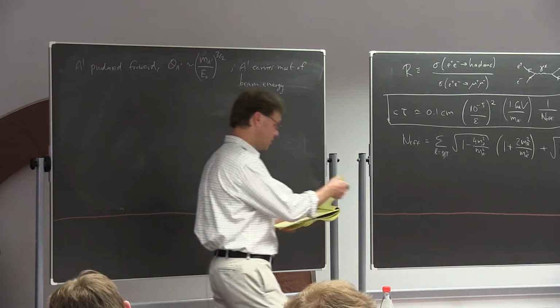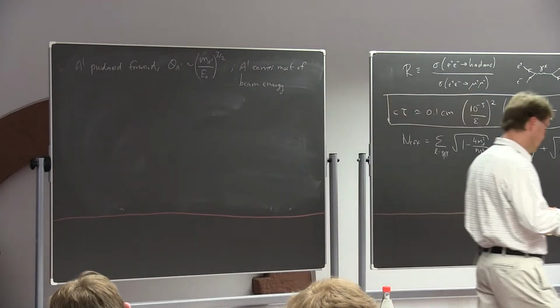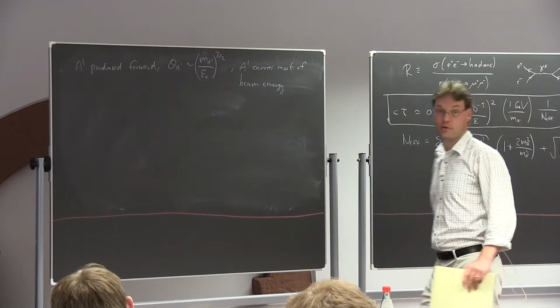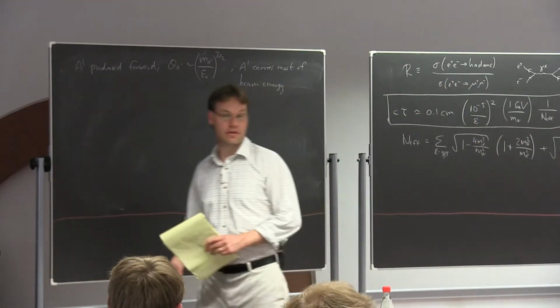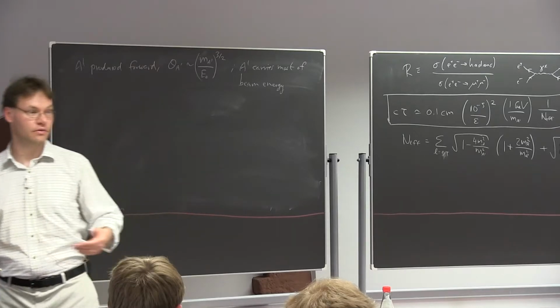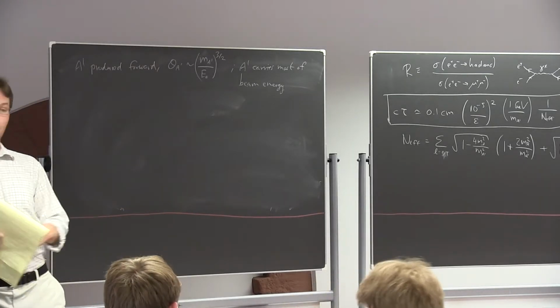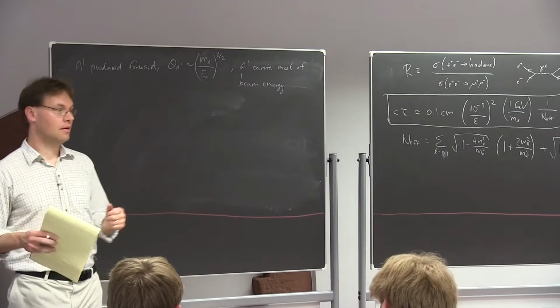Then, once it's produced, you want to figure out where you put your detector, because the thing is going to decay to e plus e minus, or mu plus mu minus, or the various things that we talked about. And you want to know, where should I put my detector?